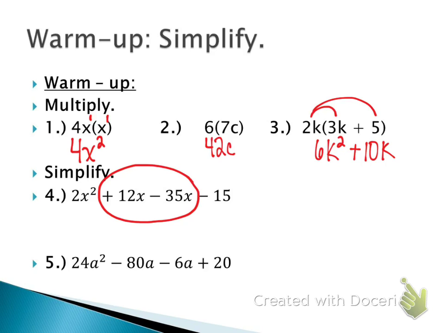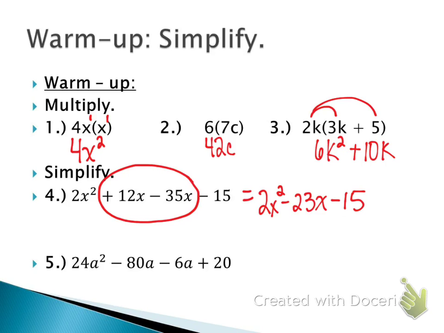So that 12 is positive, the 35 is negative. What do I get when I combine 12x and negative 35x? Negative 23x. But what else do I still have as part of my answer? The 2x squared out in front and a minus 15 in the back. So anything that didn't get combined stays.